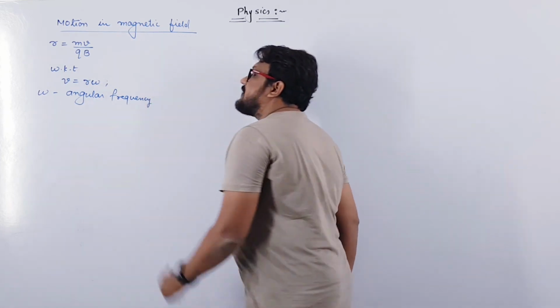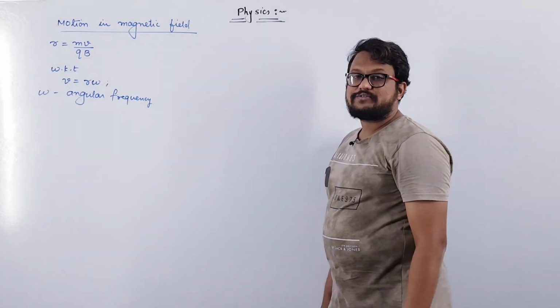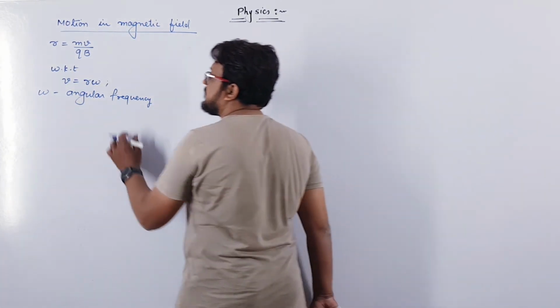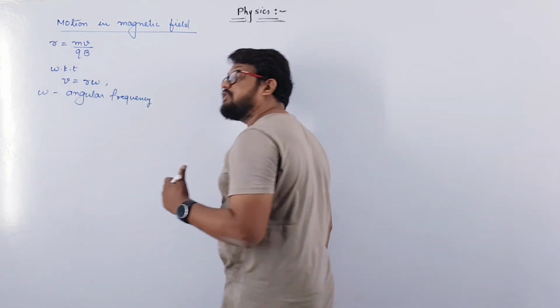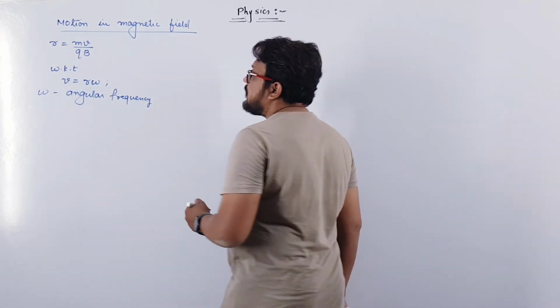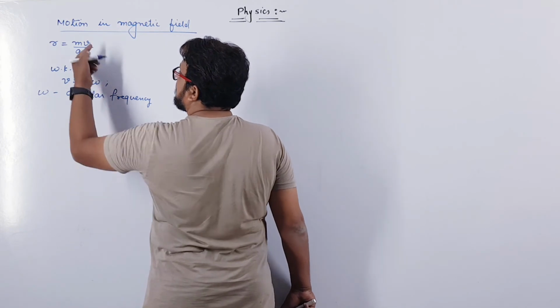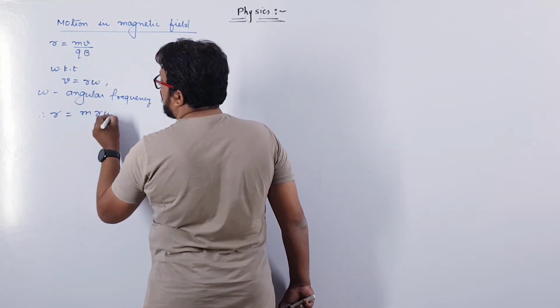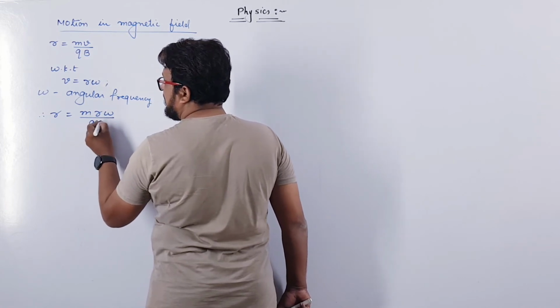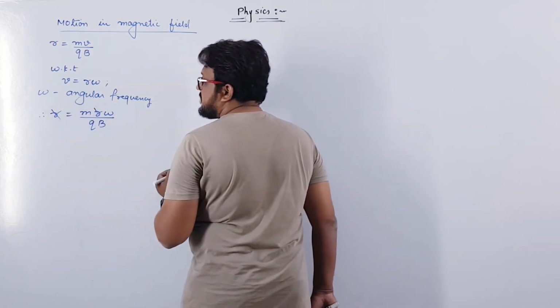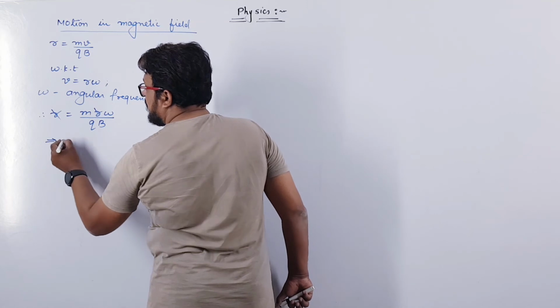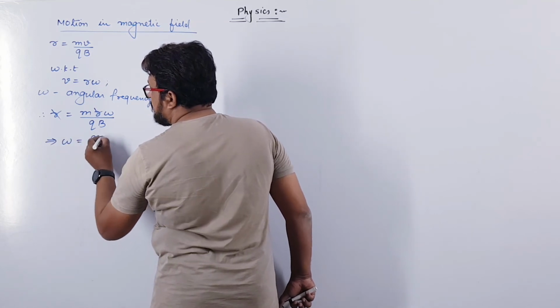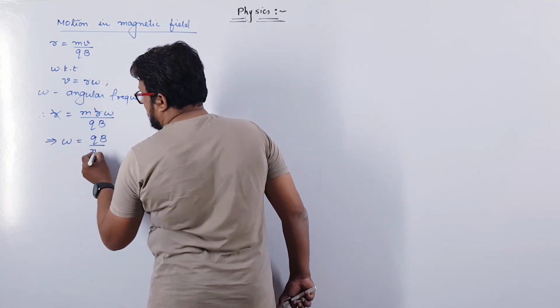We have already discussed this in chapter 7 of standard 11, rotational motion, as well as in the 4th chapter also, right? So v is equal to r omega. Therefore R will be equal to m r omega over qB. So here r will get cancelled out, which implies that omega will be equal to qB by m.